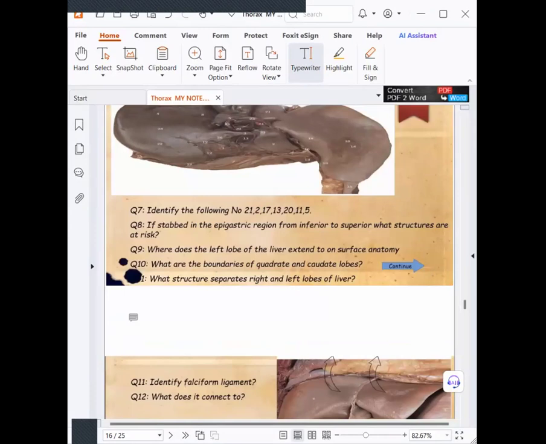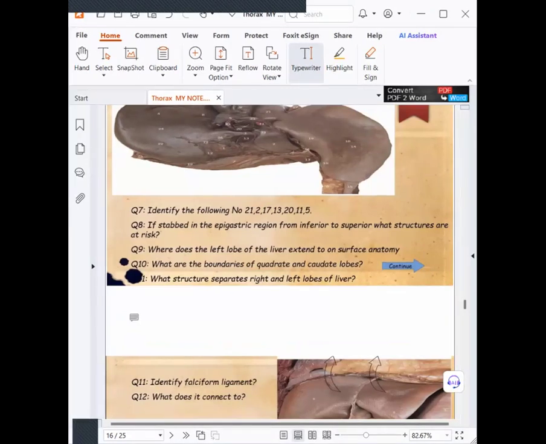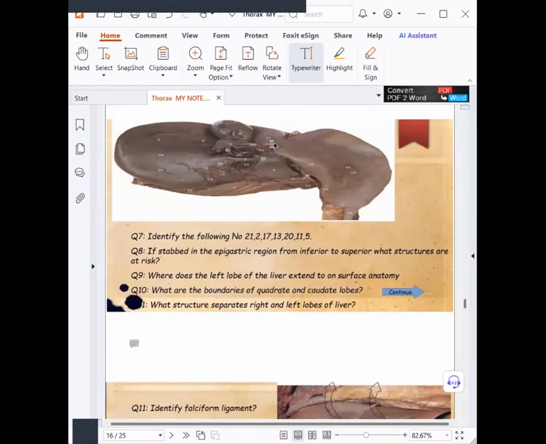Identify structure number 21. 21 is the quadrate lobe. Number 2 is the caudate lobe. Number 17 is the ligamentum teres and falciform ligament in the fissure for ligamentum teres.